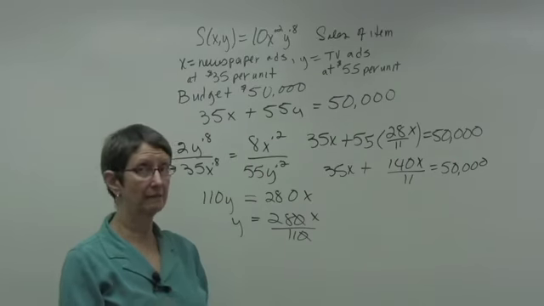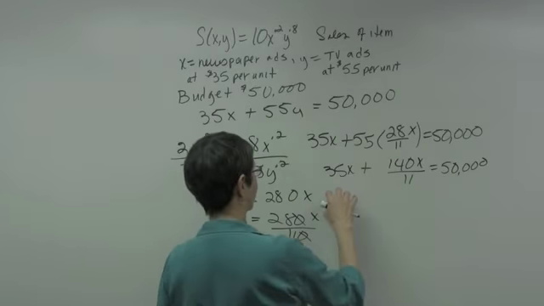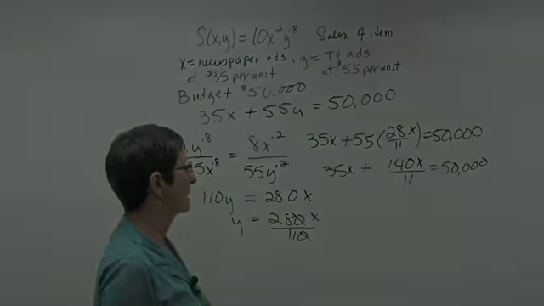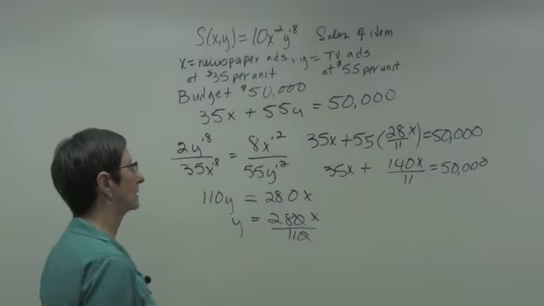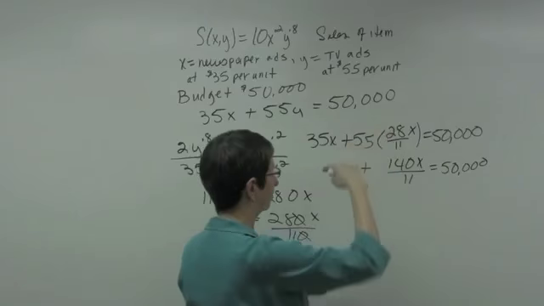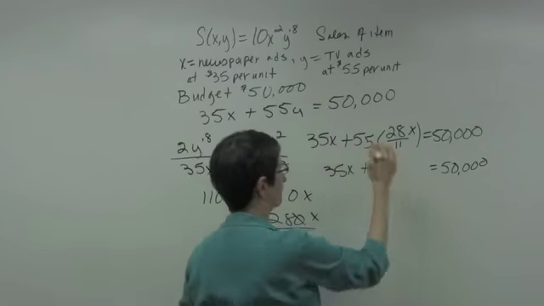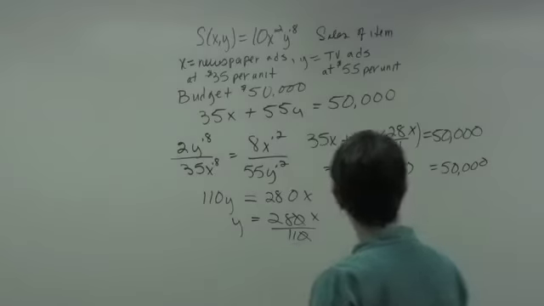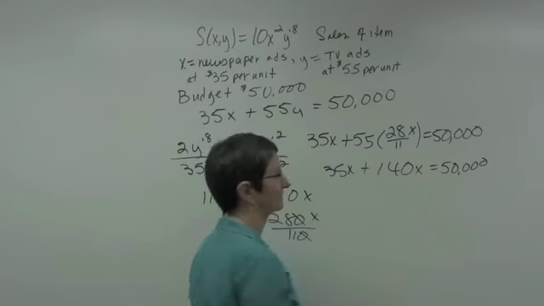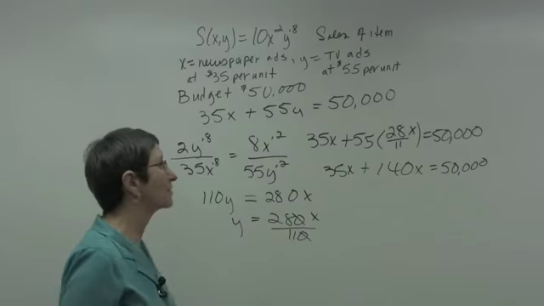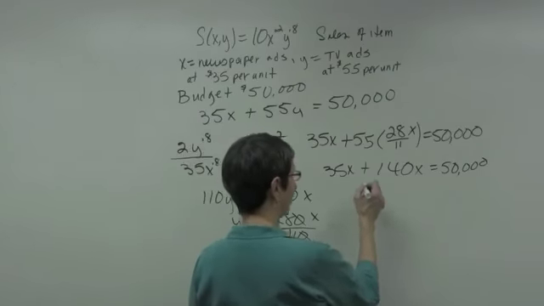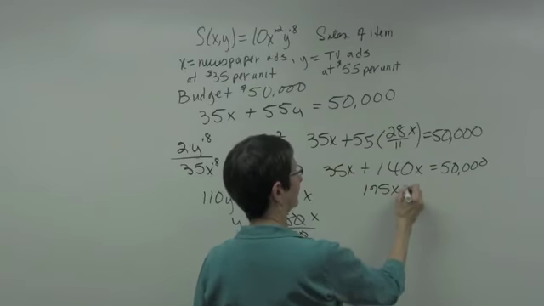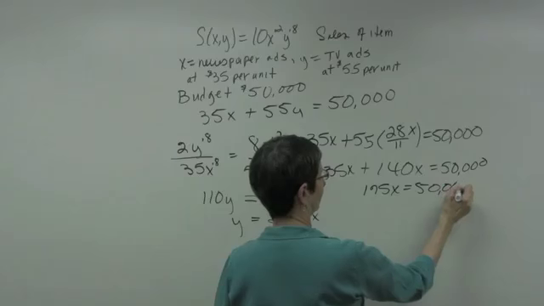Multiply across by 11. This gives me, that's not 140. 140 is what you get when you multiply and divide. Sorry about that. I was right. Okay. 35x plus 140x gives me 175x equals 50,000.